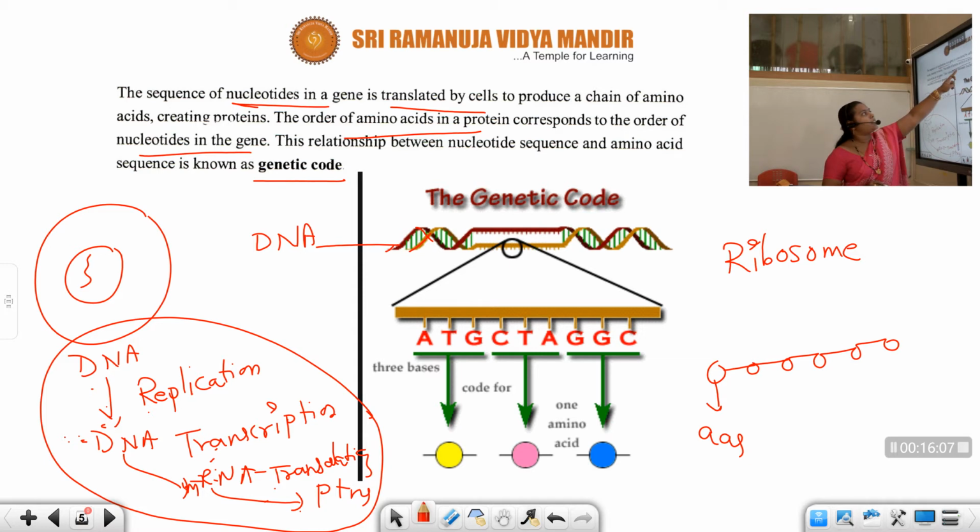The order of amino acids in the protein corresponds to the order of nucleotides in the gene. This relationship between the nucleotide and amino acid is called genetic code. Now you understand, students, what genetic code means? The relationship between the nucleotides on the DNA and the amino acids on the protein is the genetic code.